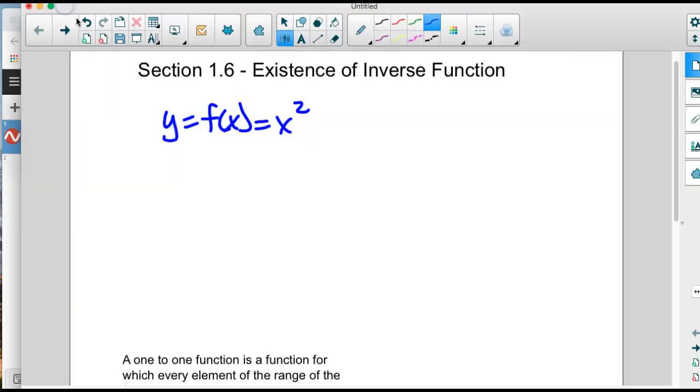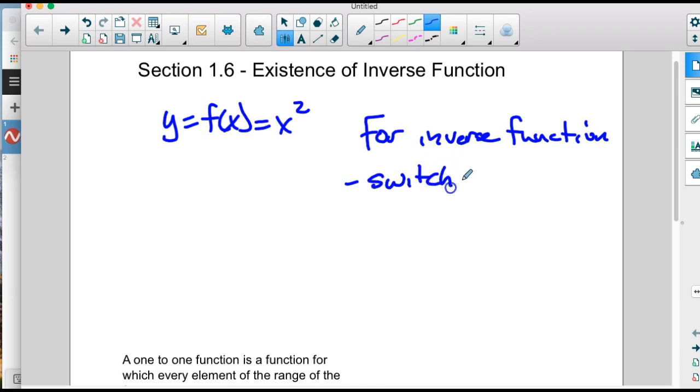Now remember on the previous example, to find the inverse function, the main algebraic thing is we switch x and y values.